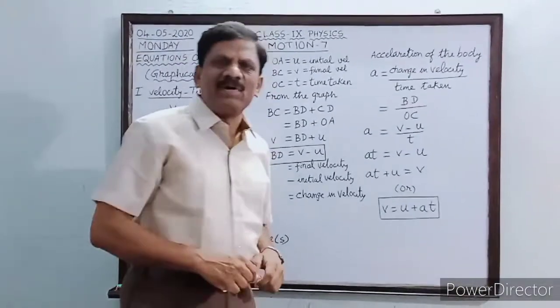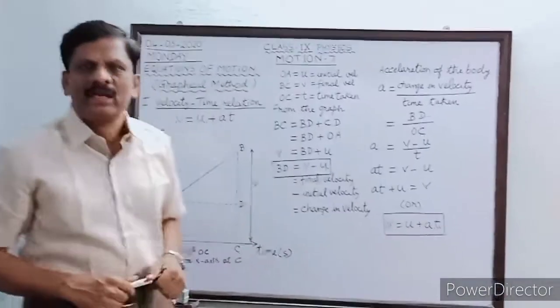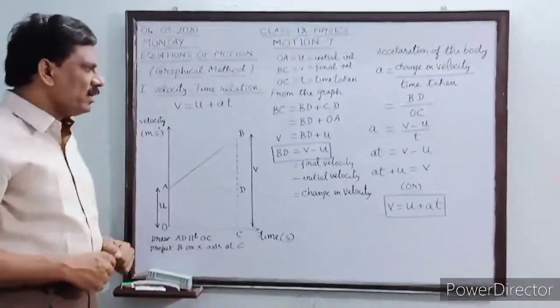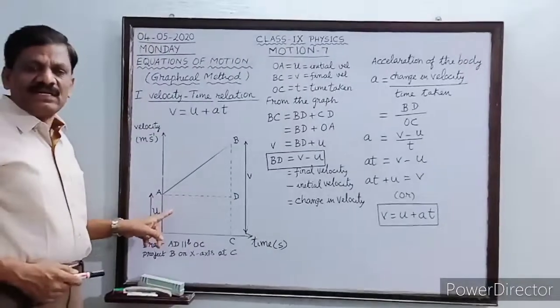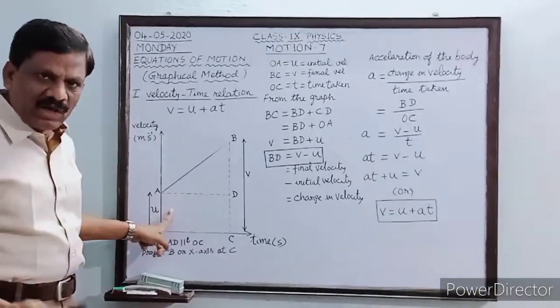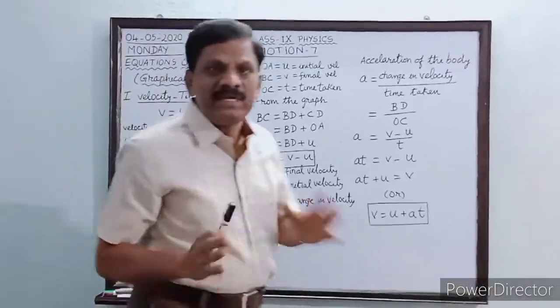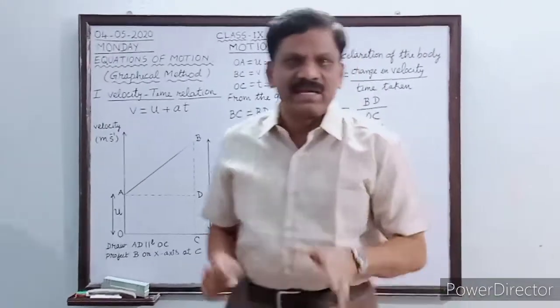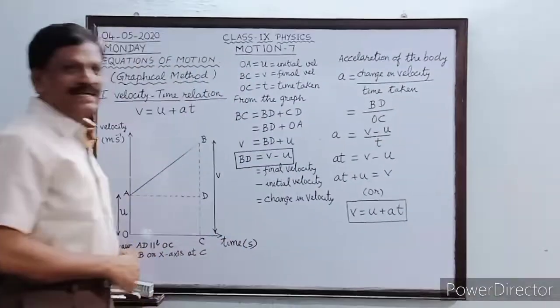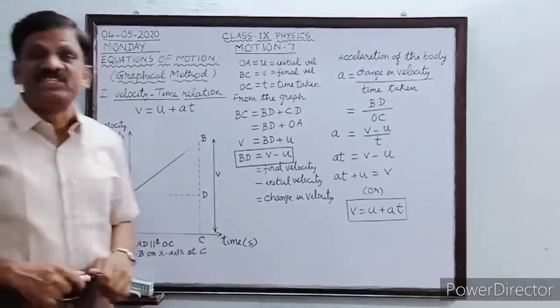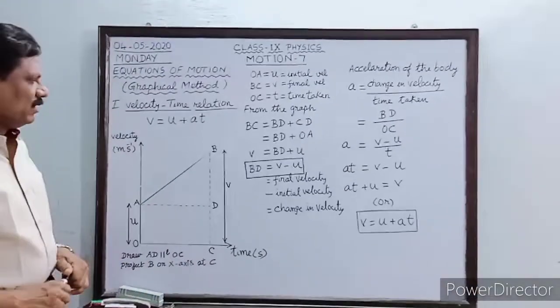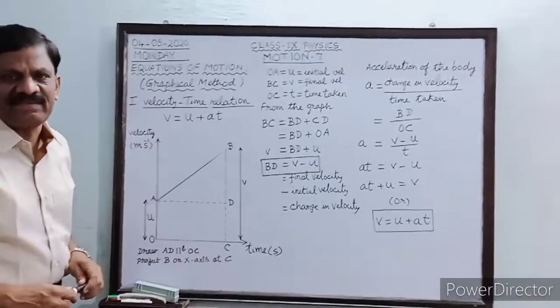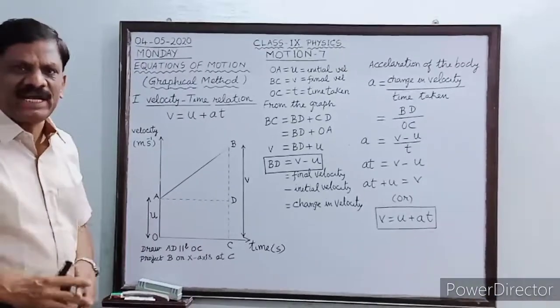Is the straight line passing through the origin, you tell me? Of course, no. Good. That means when the graph does not pass through the origin, can the body start with zero velocity? No. That means the body has started already with an initial velocity. So, which portion of this graph represents the initial and final velocities?